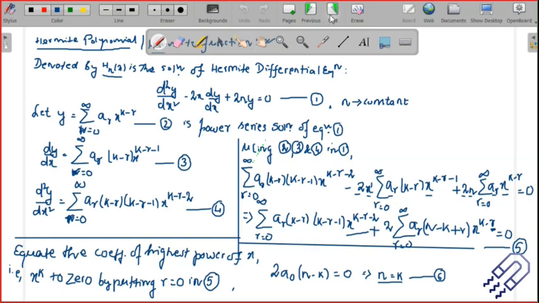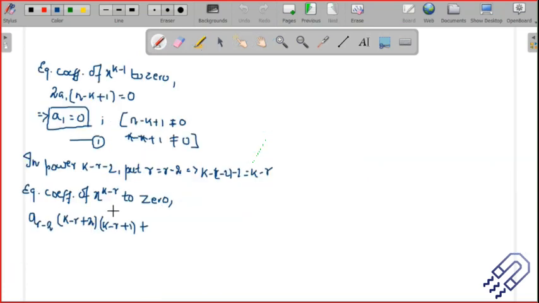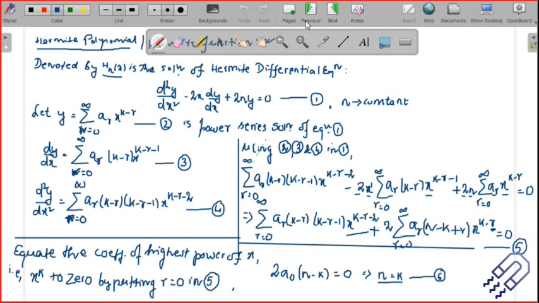So it is in the first expression, k minus r, and if you look into the second expression, this is already k minus r. You don't have to change anything here. Here, if you put r as r minus 2, you get it. Here you don't have to change anything, that means you can just keep it as it is. That's the coefficient of x to the power k minus r from the second term.